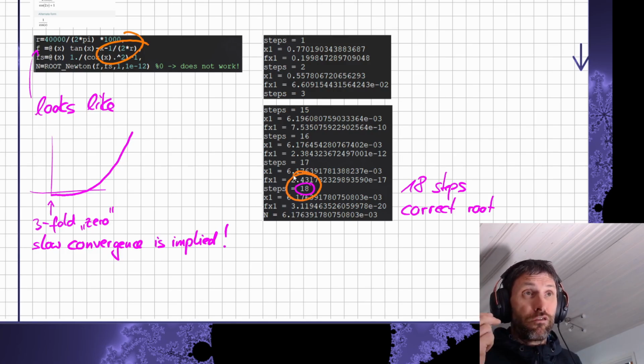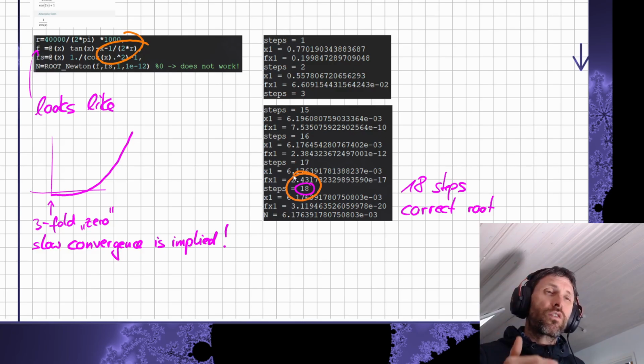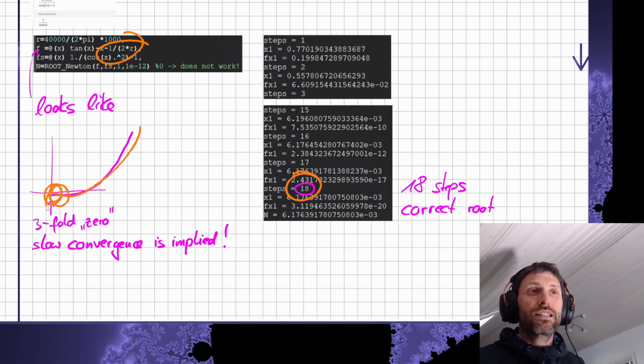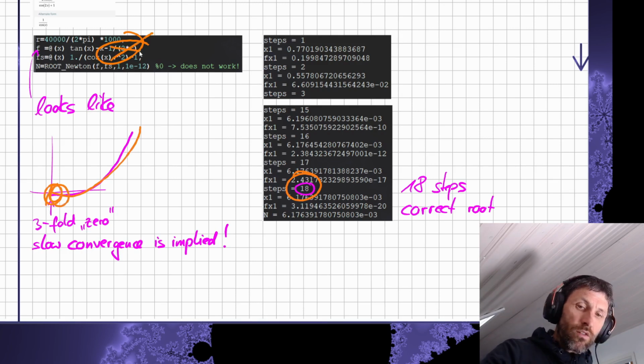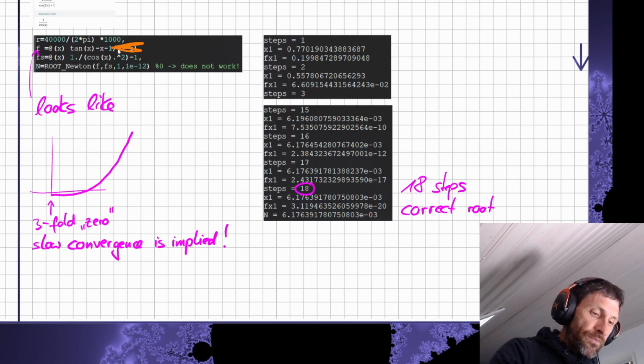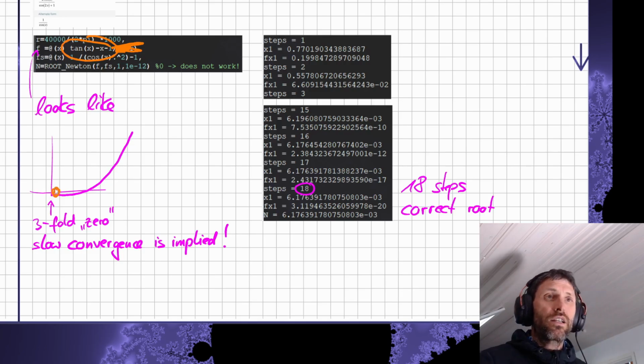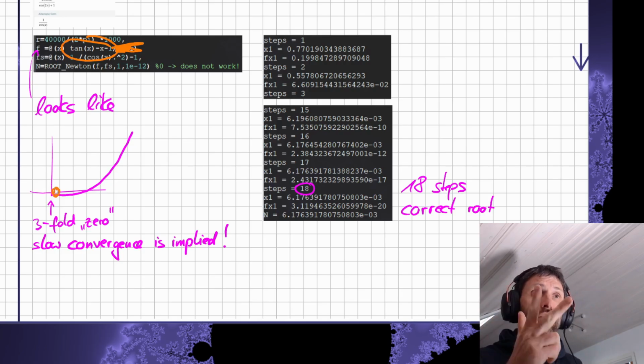Newton's method is a fast converging method, but unfortunately our rope around the earth problem brings us to equations with a very slow convergence, and the reason is that you have here a threefold 0. If that term was not present, this function here has a root, and also the derivative is 0, and also the second derivative is 0, and that implies a very slow convergence.